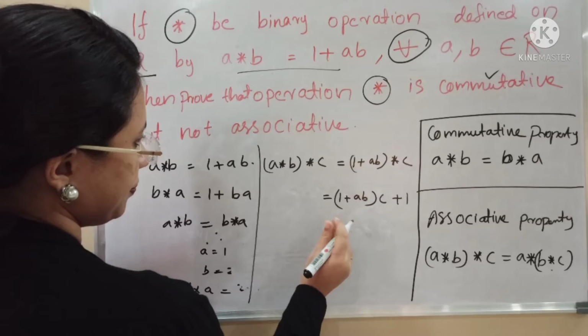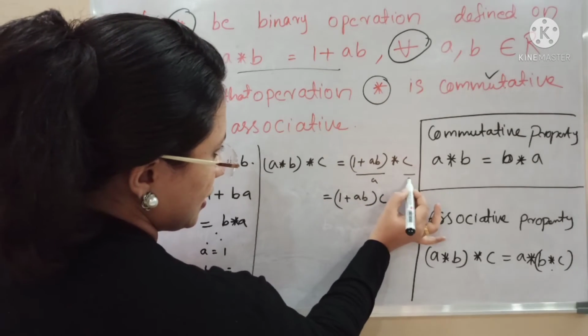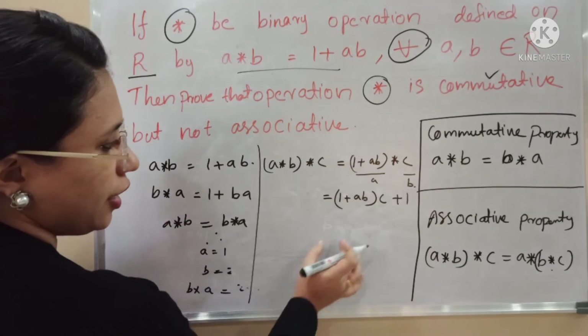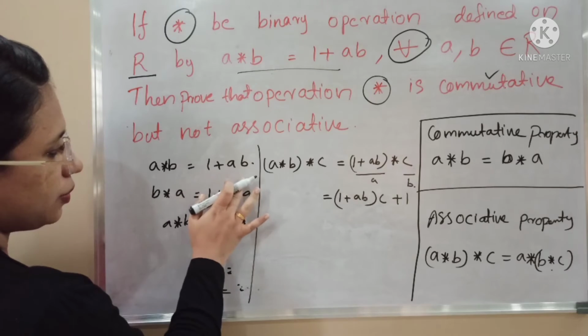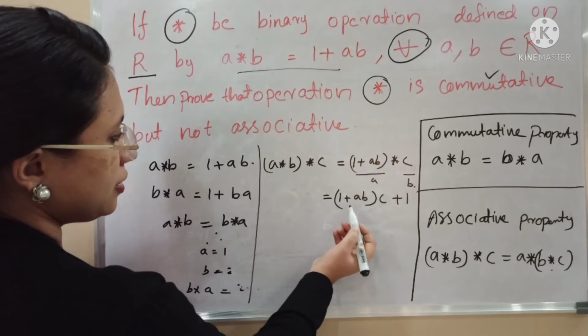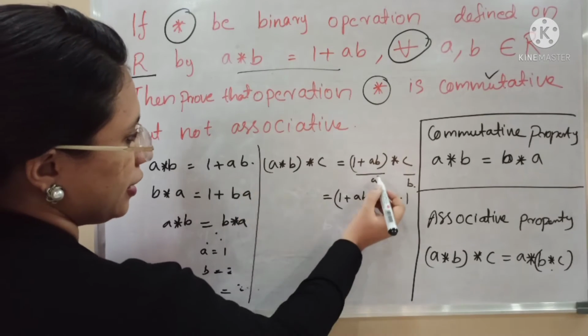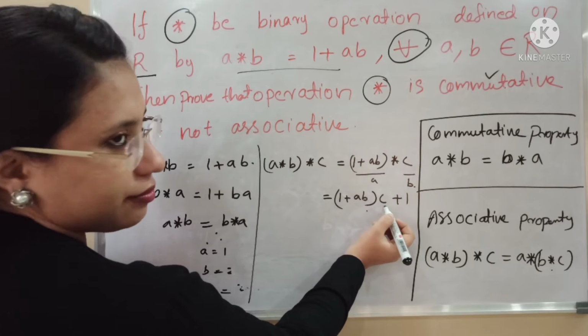See the order. So we can consider the whole as a, and this is b. So what is our relation? That is 1 plus ab, that is a times b. Here a is 1 plus ab, and b is c.